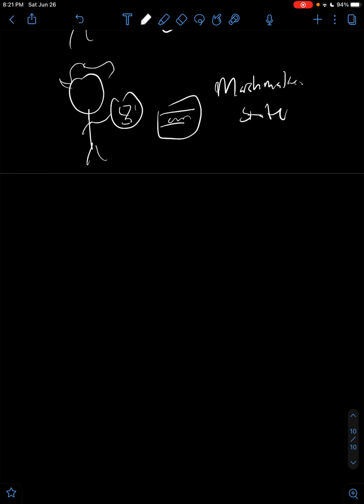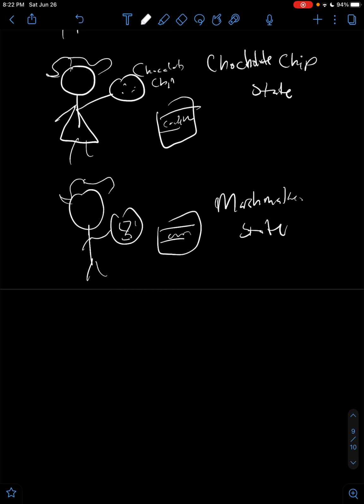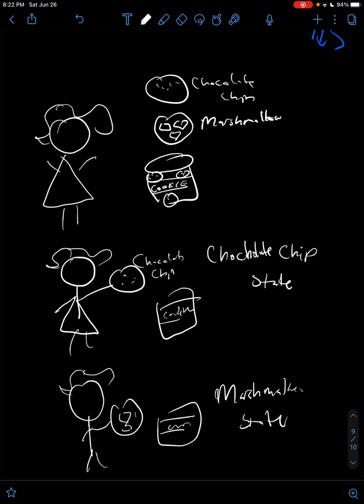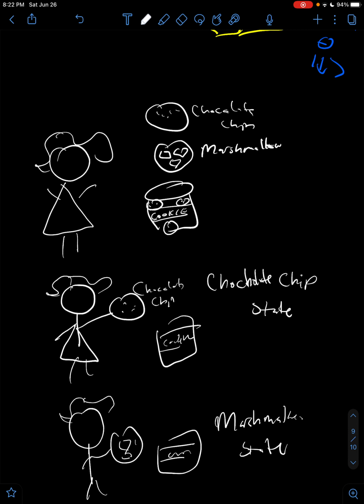So we can actually describe spin states in a more mathematical way. Say prior to Sally choosing cookies, there is some probability that she chooses chocolate or marshmallow. There's just some probability beforehand. There may be a 50-50 chance of her choosing chocolate or marshmallow.